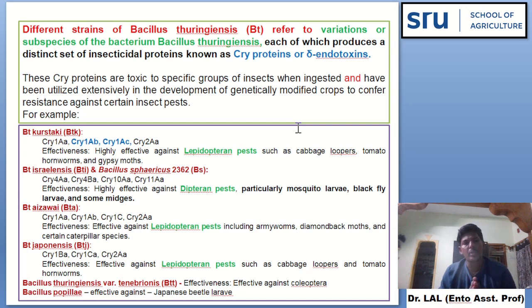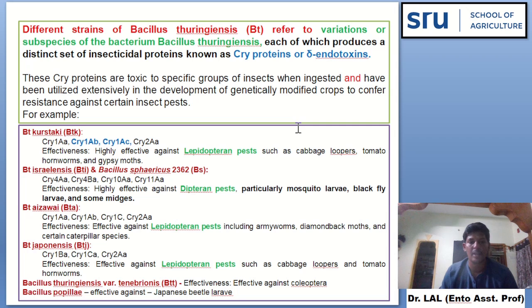These cry proteins are toxic to specific groups of insects when they ingest them and have been utilized extensively in the development of genetically modified crops to confer resistance against certain insect pests.